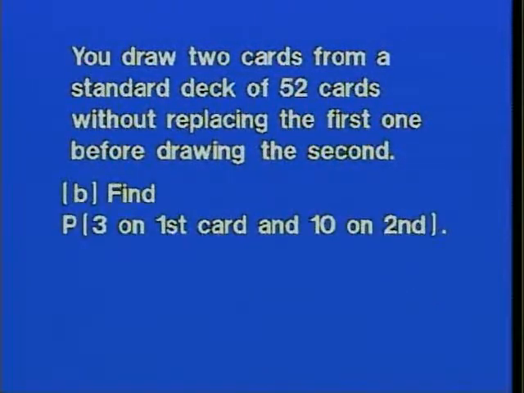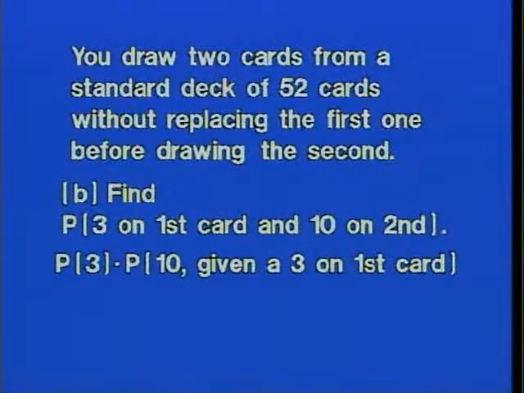Let's find the probability of drawing 3 on the first card and 10 on the second card. Now the AND tells us that we're going to multiply probabilities, and since the events are dependent, the second item is a sort of a given item. It's the probability of 3 times the probability of 10 given a 3 on the first card. The probability of drawing a 3, well, there are 4 3s in a deck of 52 cards, so the probability is 4 out of 52.